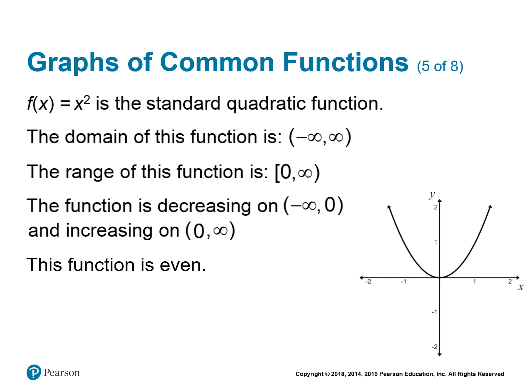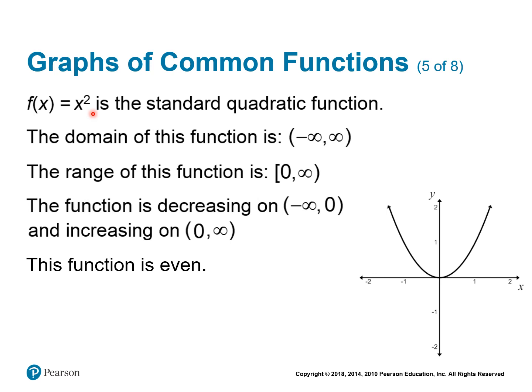Another common function is the quadratic function, which is f of x equals x squared. That's the base function. That's the basic quadratic function. And then we will talk later on about transformations of this basic quadratic function and any other functions. That's what transformations are about.